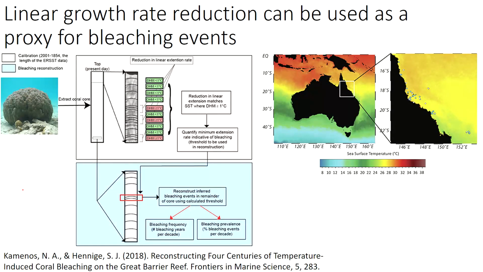Their growth layers were not as big in that year. They did that for periods in time where we have good oceanographic data, and then they took fossil corals which extended back in time and extended that record of when there were these marine heat waves and when corals responded to these heat waves by growing less.